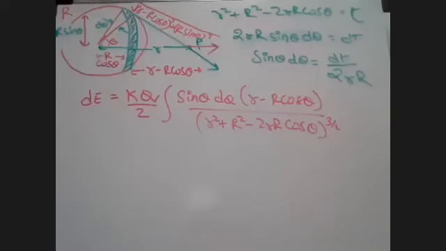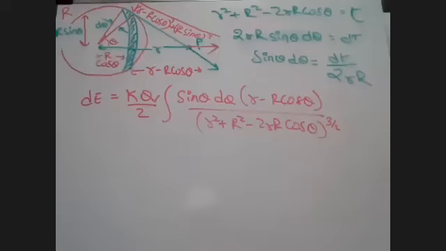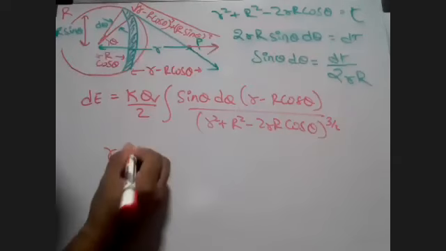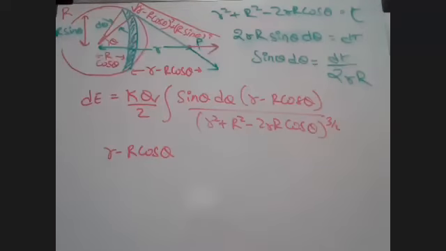One more thing, if you see in this equation, is that the r minus R cos theta can also be simplified. And so I will write that r minus R cos theta will be equal to what? I can write cos theta as what?